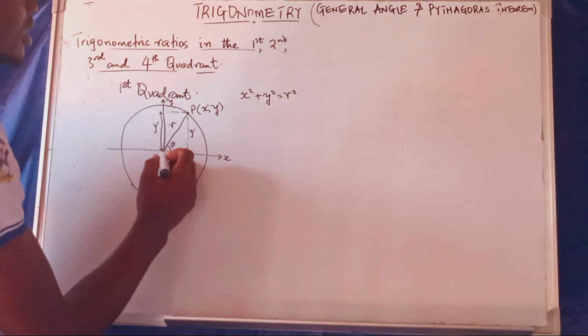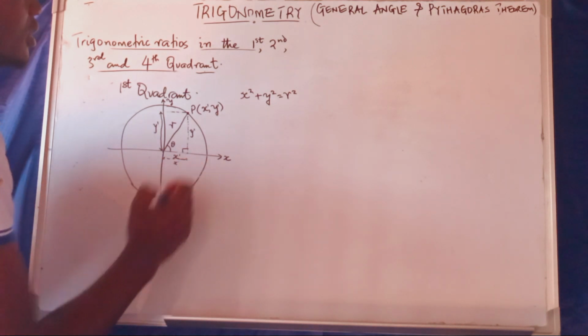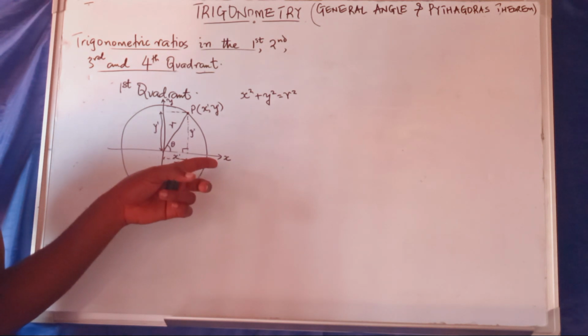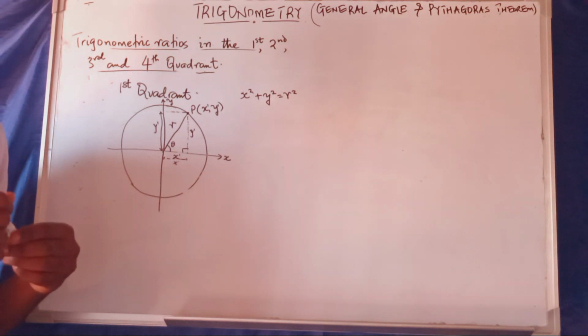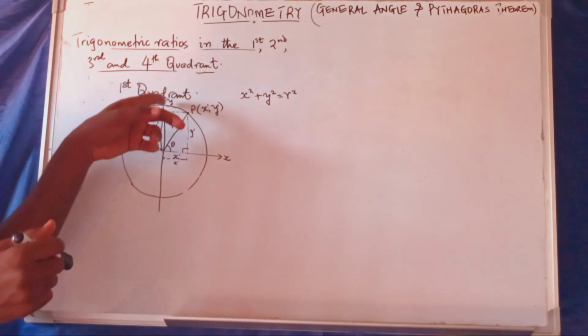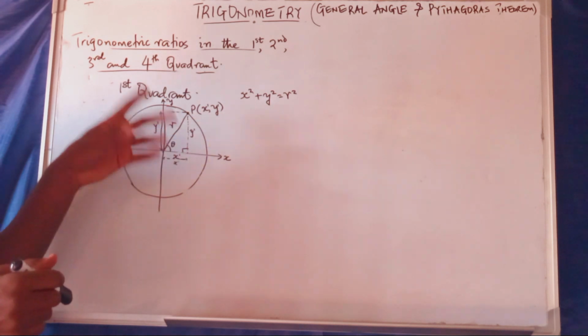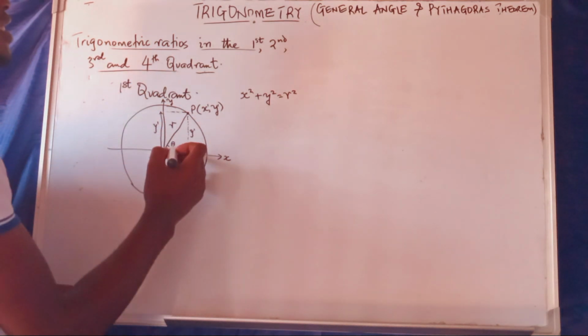And this x, it is the distance just from here, like that. So we know along this line on x, x is always positive. And along this line, this upper part up to here, this y is always positive.